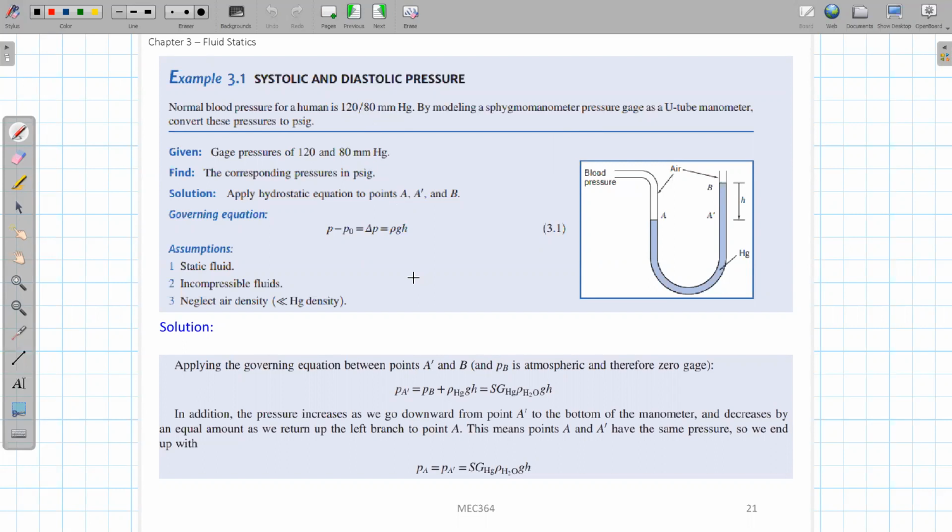To do that, we just use the same equation for the manometer we have here. PA equals PA prime, and PA prime equals PB plus rho times g times this h value, rho g h.